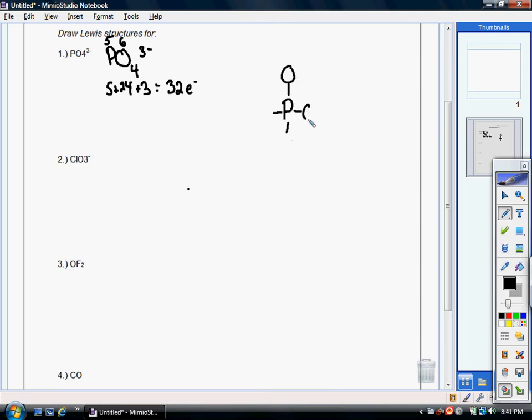And so if we go ahead and fill this out, what we notice is that phosphorus is our central atom and I have oxygen all around. And I don't know that this is correct, but the first thing I want to do is get everything to fulfill the octet rule. So you go ahead and draw in your valence electrons and make all of these atoms stable, make all of them happy, make all of them fulfill the octet rule.